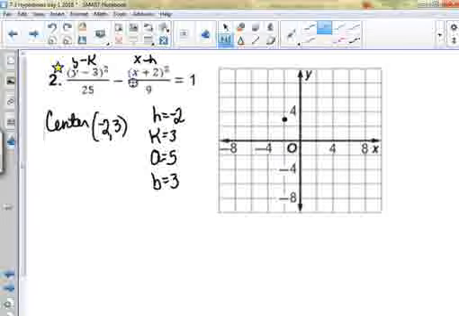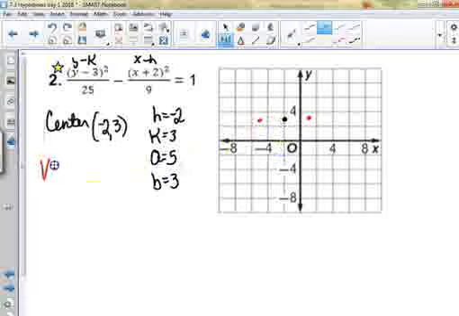Left and right is, guys, under the x here, so I go 3. Are those the ones we're going to label as vertices in a minute? No, because the y is first, it's the positive one, so we're going to actually open it up and down. All right, if we go 5 up and down, those are the vertices, okay?